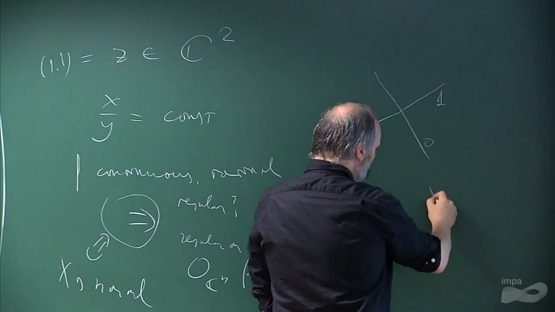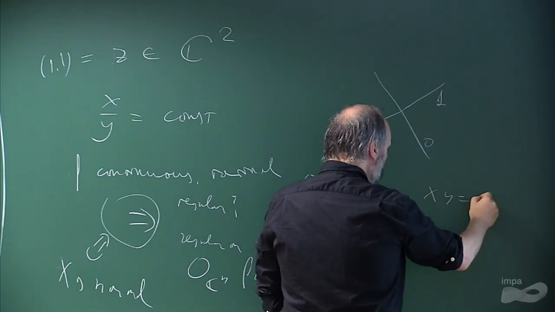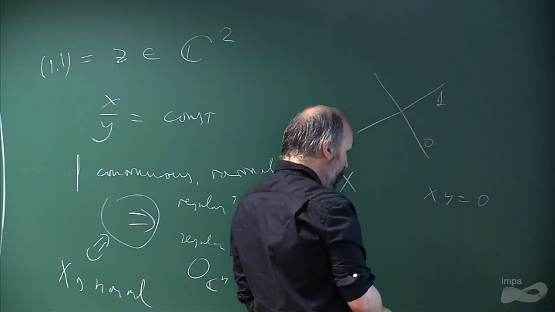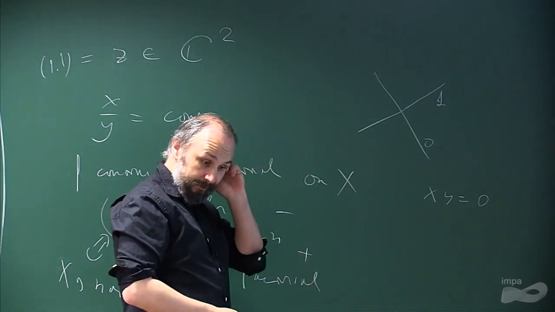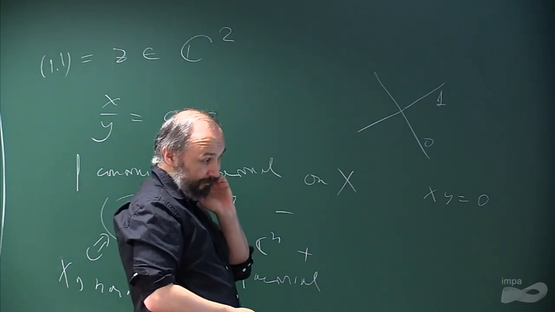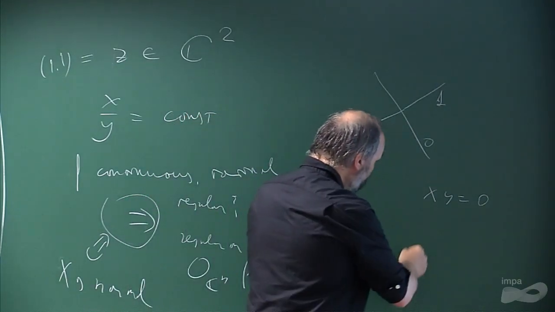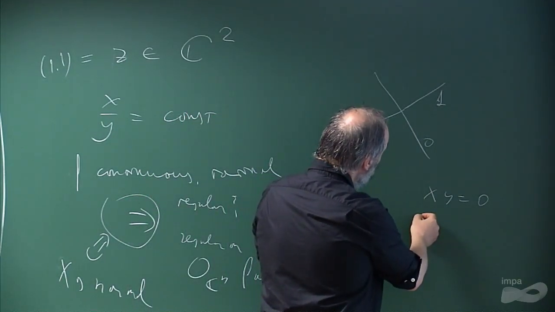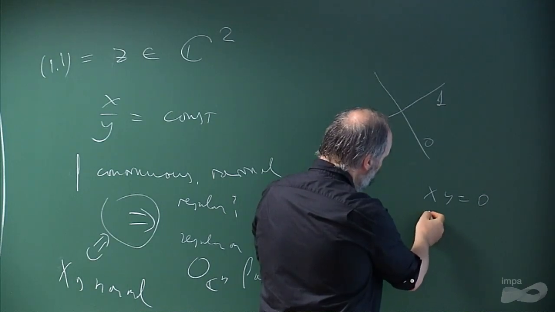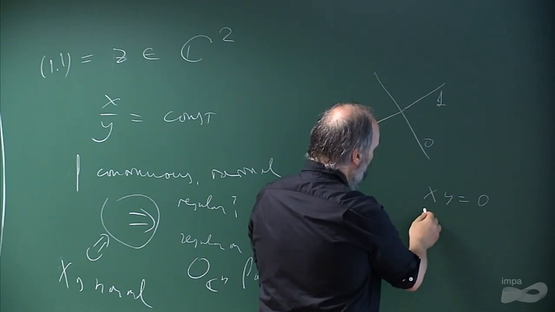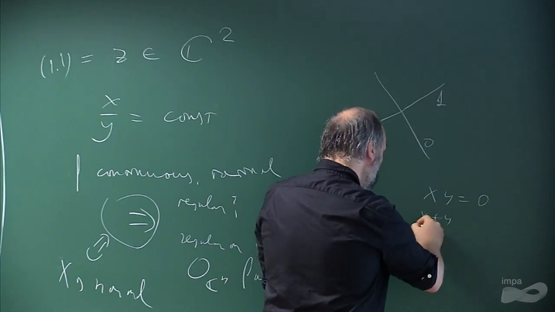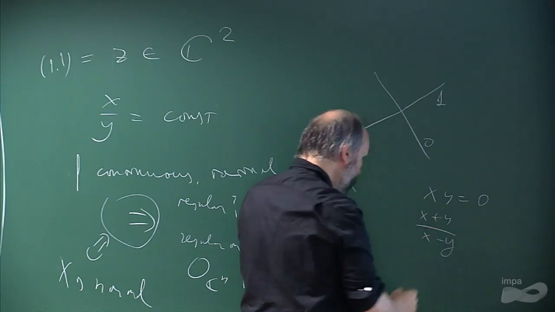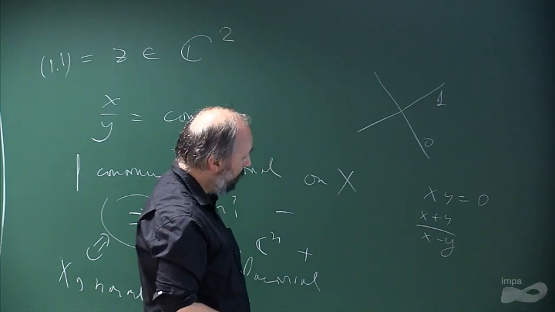If, for instance, you have xy equal 0, this is your cross, then you can take the function x plus y over x minus y.